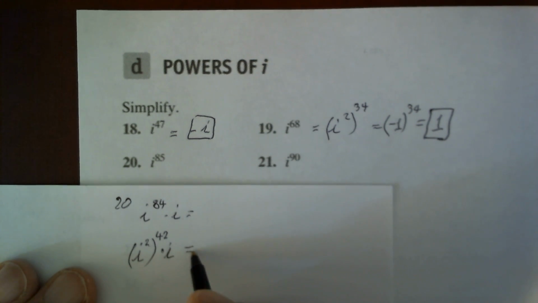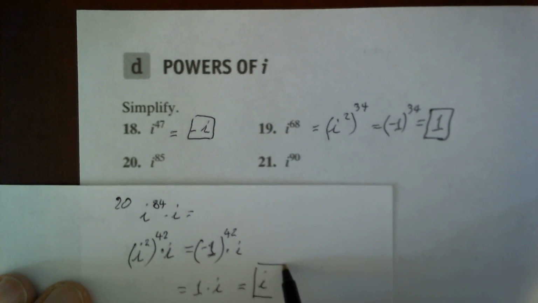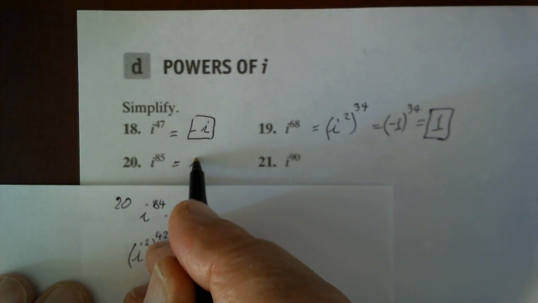And so that's equal to minus 1 to the 42nd power times i. So we are raising negative 1 to an even power. That's equal to 1. So it's 1 times i, and that's simply equal to i. So that's number 20. So the answer here is i.